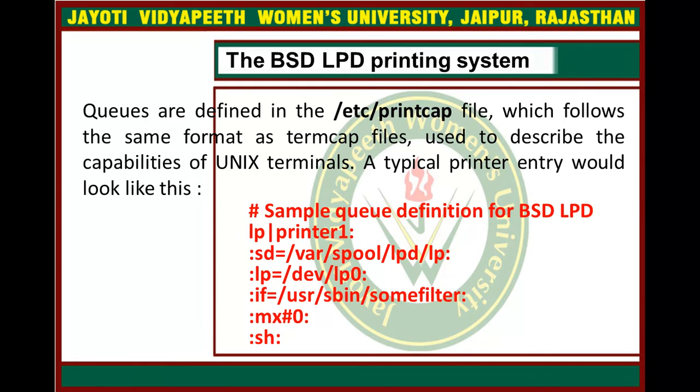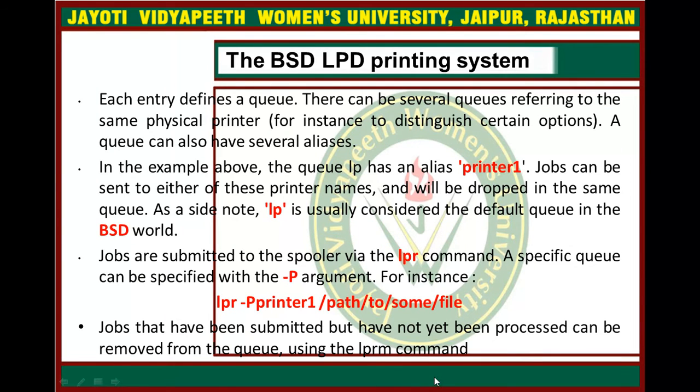There can be several queues referring to the same physical printer, for instance to distinguish certain options. A queue can also have several aliases. Alias means another name.